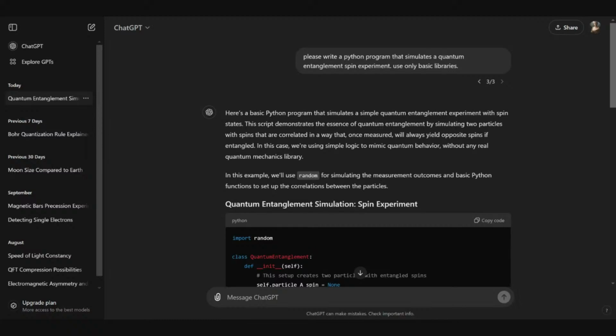Let me copy. I need to go to my other phone. This is going to be a major hassle. Okay, to this phone. Get the code. Copy the code. Go to my Discord.